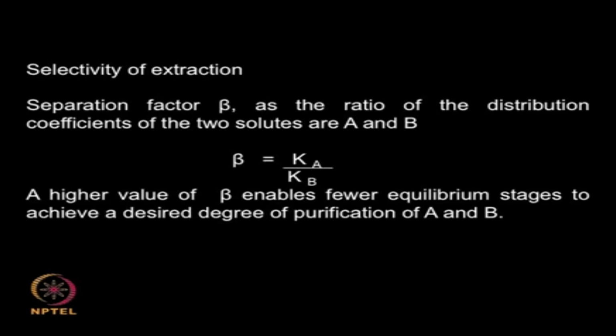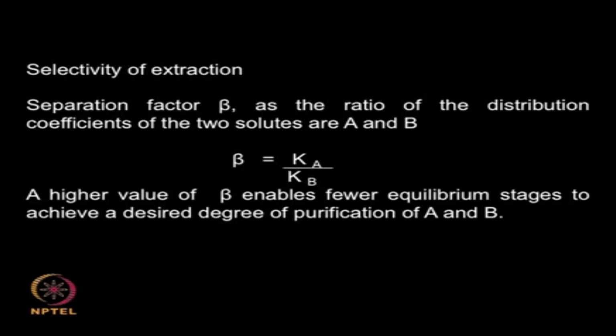If you have two metabolites A and B and you are using a solvent to extract A, and B also may get extracted, the ratio Ka divided by Kb, that means the partition coefficient for solute A divided by the partition coefficient for solute B, tells you the selectivity of extraction. That means how much more of A I will be able to extract than the amount of B.